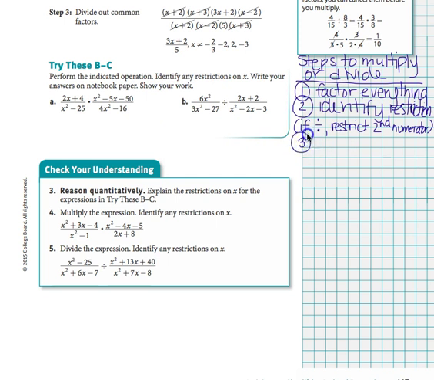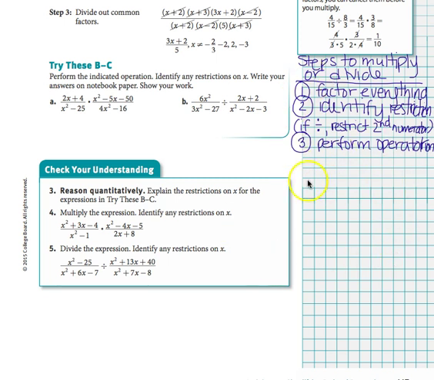Step 3, you are going to perform the operation. Meaning you're going to multiply, or you're going to flip, perform the operation. Sorry. If it's multiplication, you're just going to do top times top, bottom times bottom.